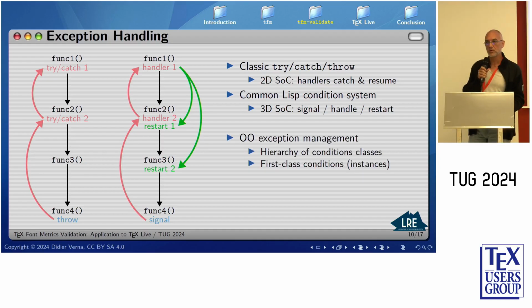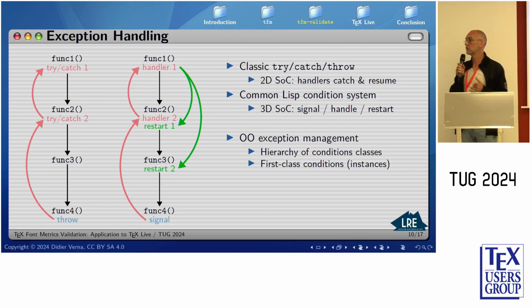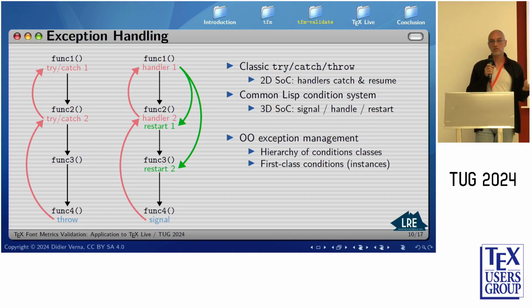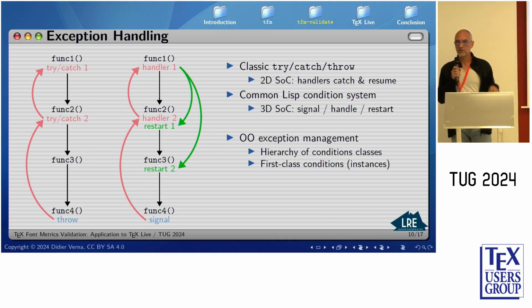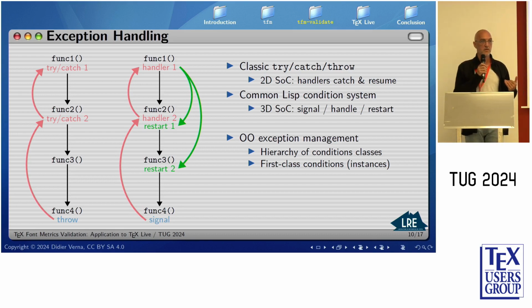There is a second point which makes the TFM validate library extremely simple to implement, but this one is not particularly specific to Lisp: Lisp is also an object-oriented system. Like, for instance, in Java again, if you do exception handling in an object-oriented programming language, then you can implement the exception handling mechanism in terms of object orientation.